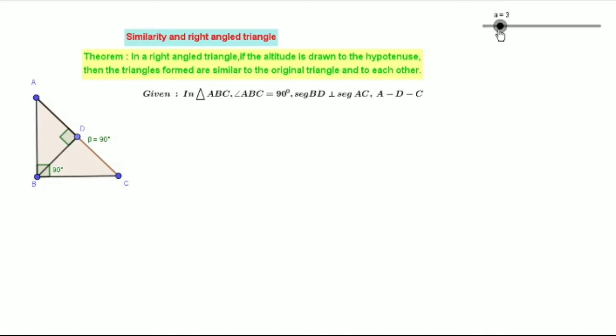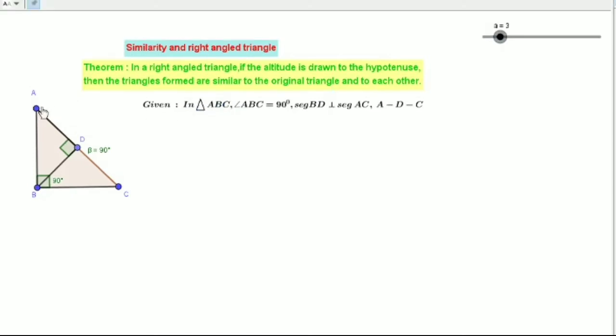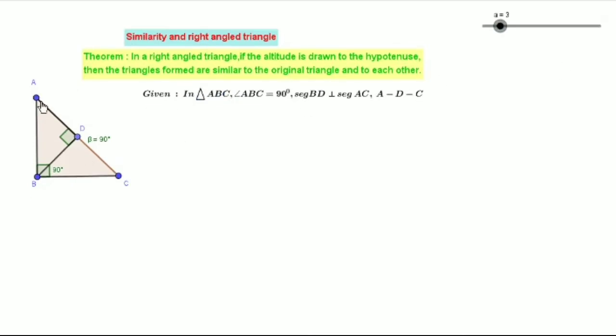This is given in the theorem. So let's write the given from the figure. In triangle ABC, which is a right angle triangle, angle ABC measures 90 degrees. We are writing the given using the figure. Segment BD is perpendicular to AC.